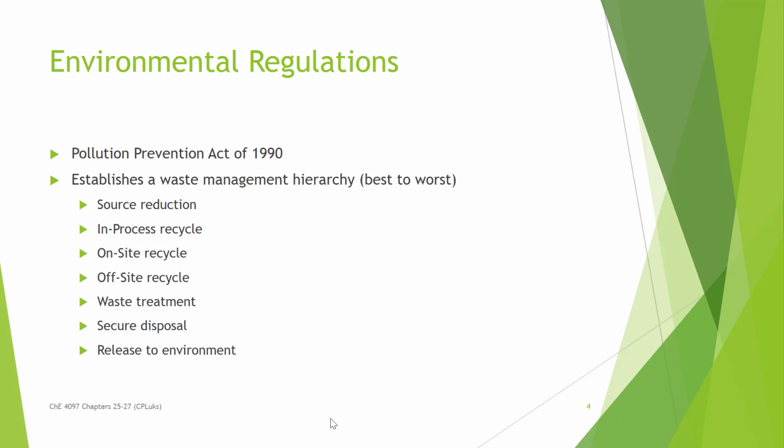The best thing to do is to reduce the amount of waste at the source, or recycle it in the process, or at least maybe on your site. If you can't do that, send it to another facility that could recycle it. If not, then go to waste treatment or some sort of secure disposal system, the places where they bury things for 1,000,000 years. Our last resort should be releasing to the environment.